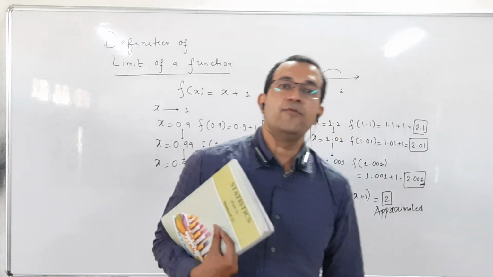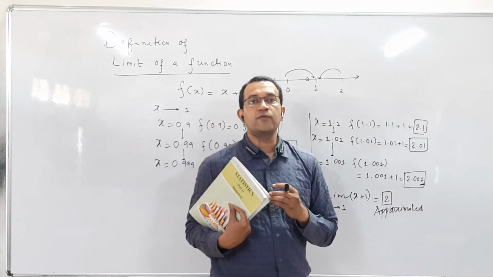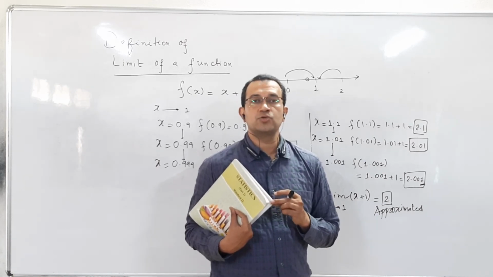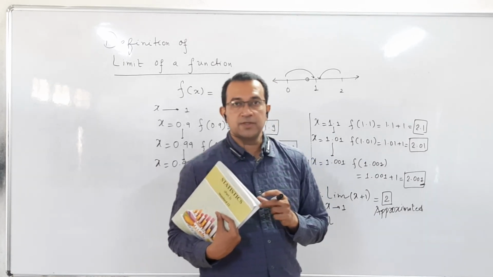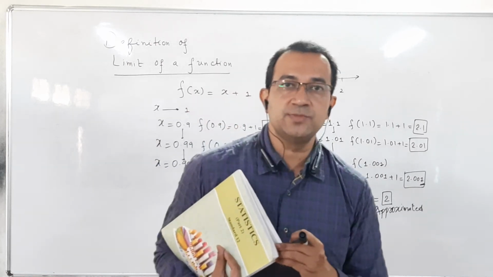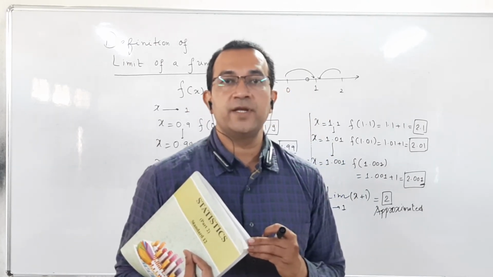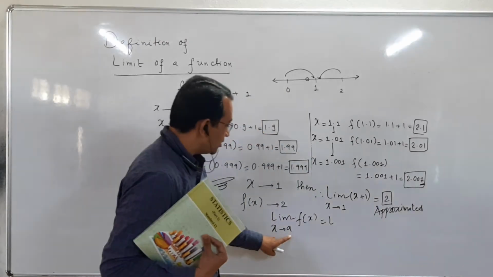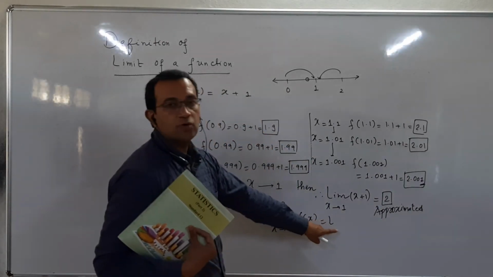So I say, when x is brought closer and closer to a real number a, the function f of x is brought closer and closer to a definite value L. Therefore, as x tends to a, f of x tends to L.